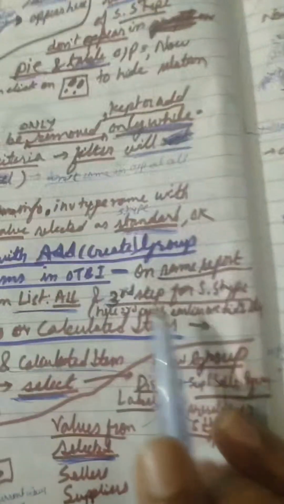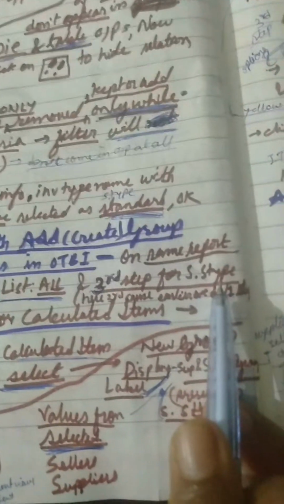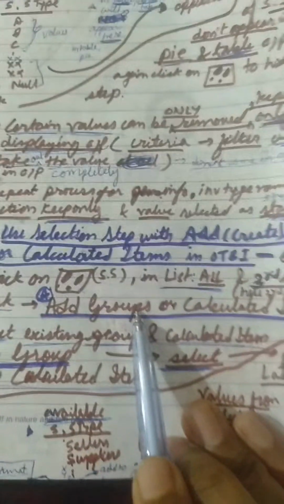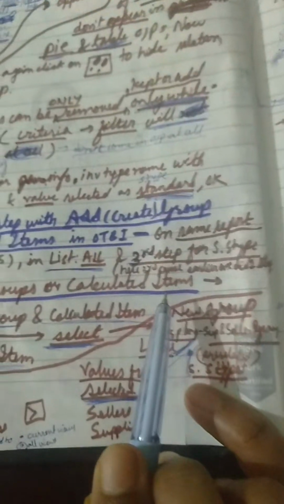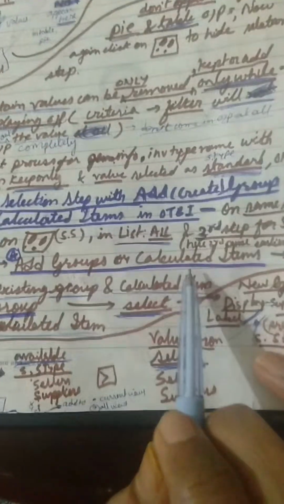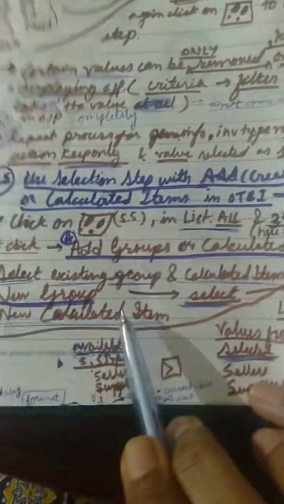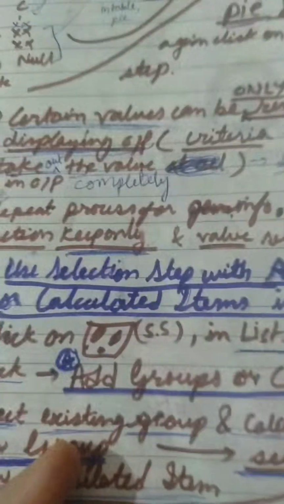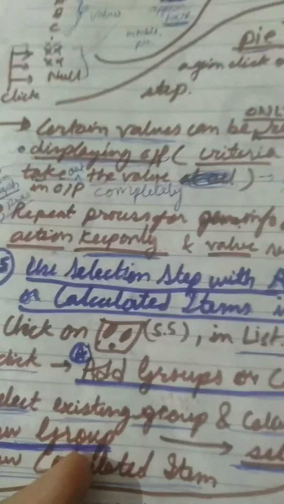So I'll click on the third step for supplier type. This time among the options I'll click on add groups or calculated items. So here we have three options again.